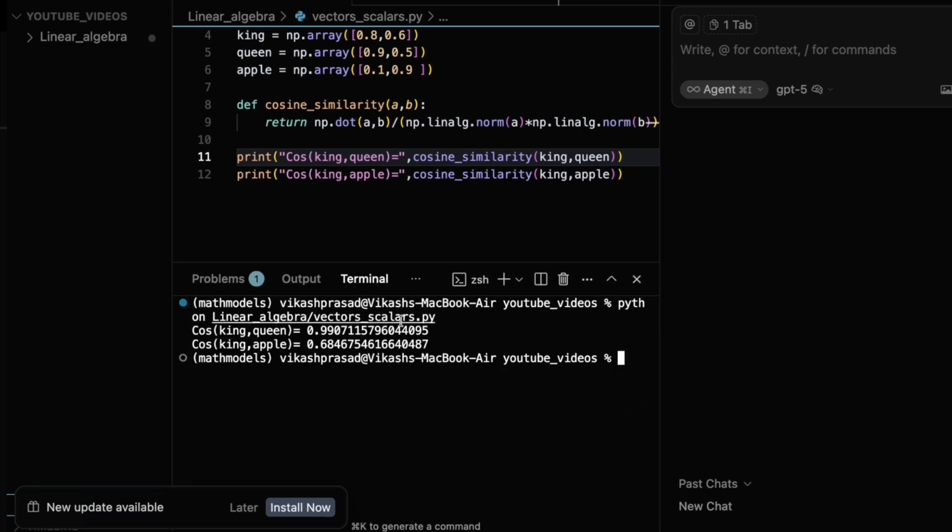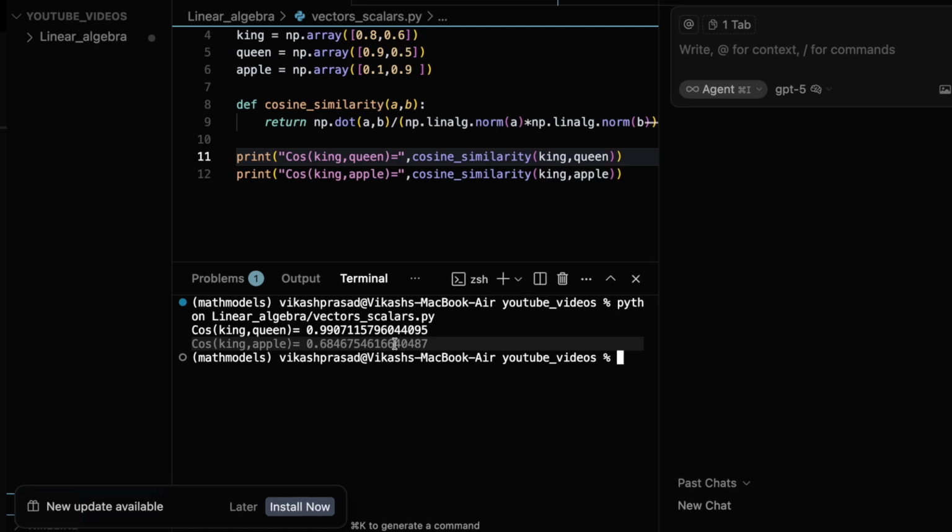Here we can see that king and queen are actually very related, which intuitively they are. The similarity between king and queen is close to 1, meaning they are related, and the similarity between king and apple is very small. So we can say that they are not related, or they are very dissimilar.